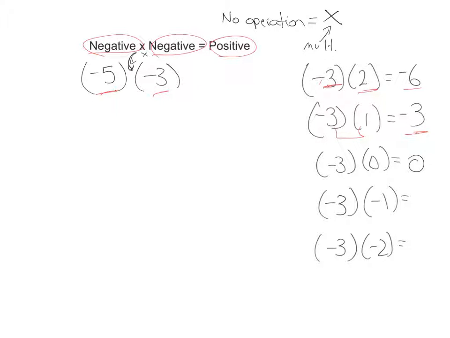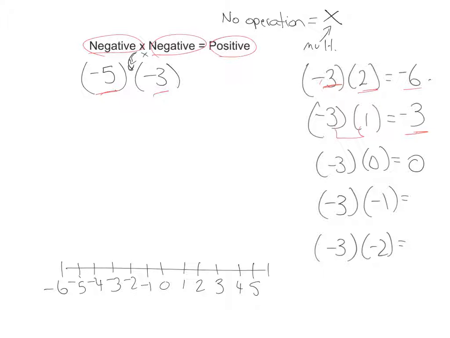Now I want you to look at the pattern. If we had a number line here, here's our 0, negative 1, negative 2, negative 3, negative 4, negative 5, negative 6. Watch the pattern. We started at negative 3 times 2, which was negative 6.